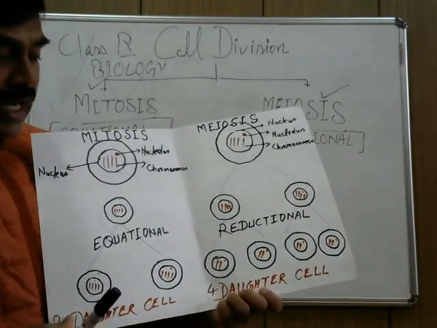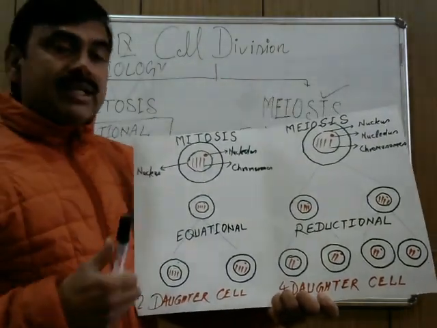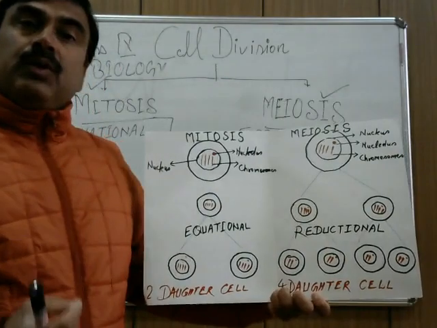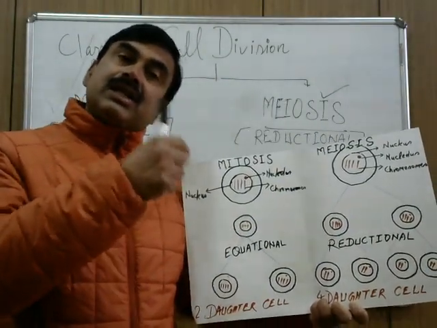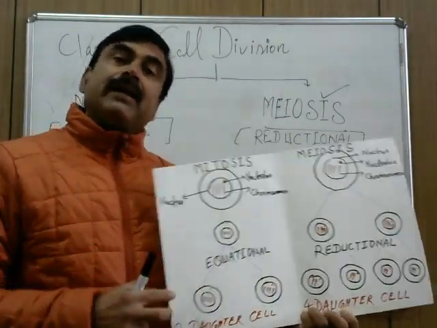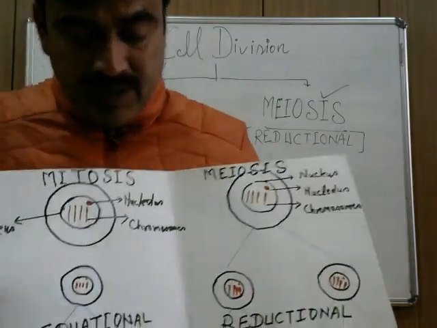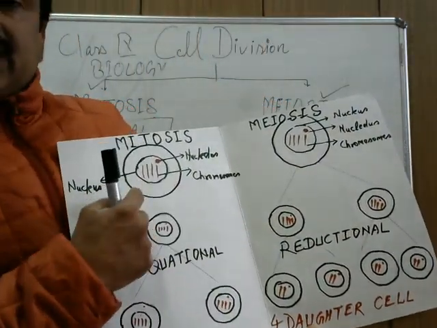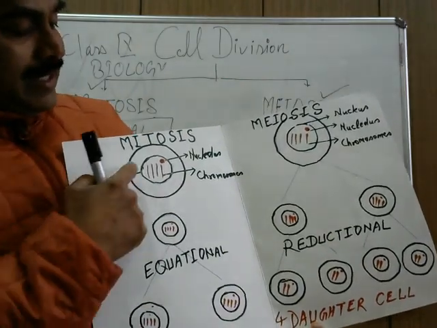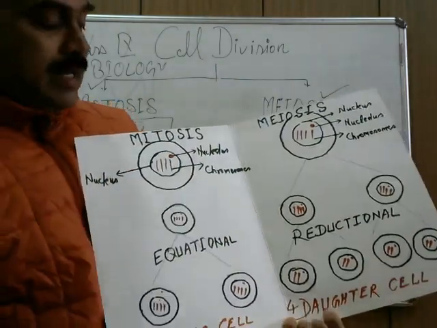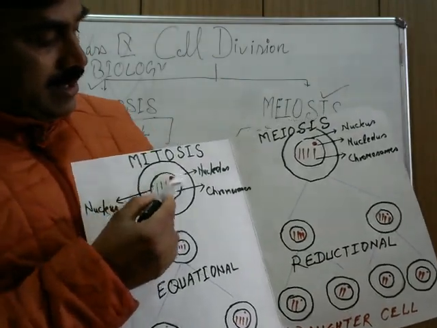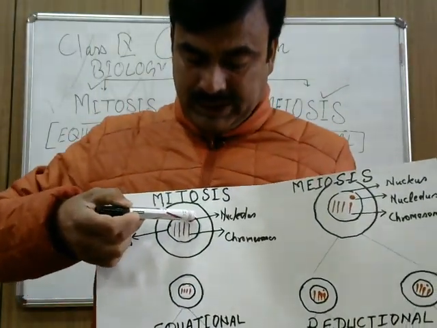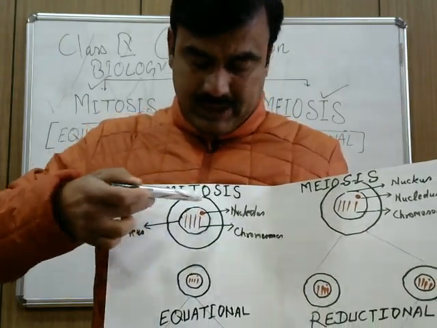Before starting this cell division, let's go back to the cell structure. When we start the cell structure, in the center there is the nucleus, and in the nucleus you can see one small structure, the nucleolus. Look at this nucleolus.